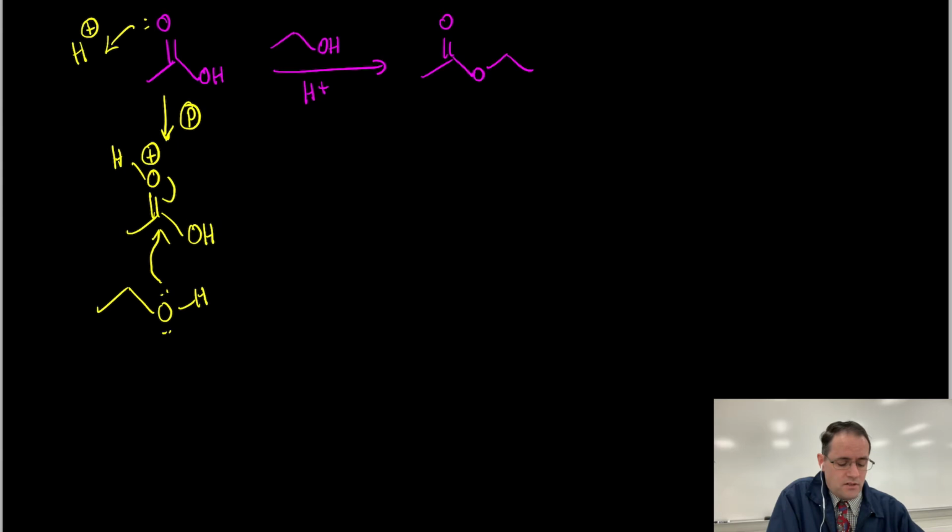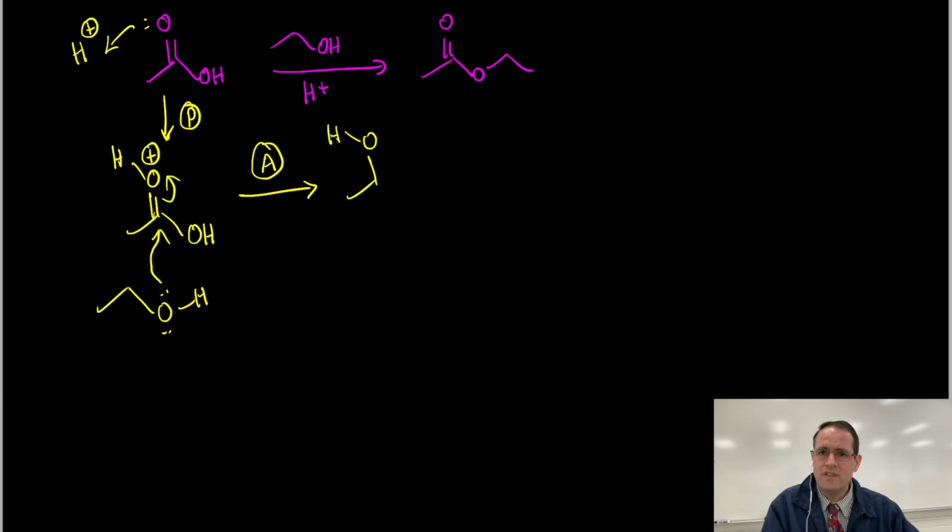So our neutral alcohol can now attack that. We want to attack the carbonyl carbon and move the electrons towards the oxygen. And that's going to give us this famous tetrahedral intermediate.